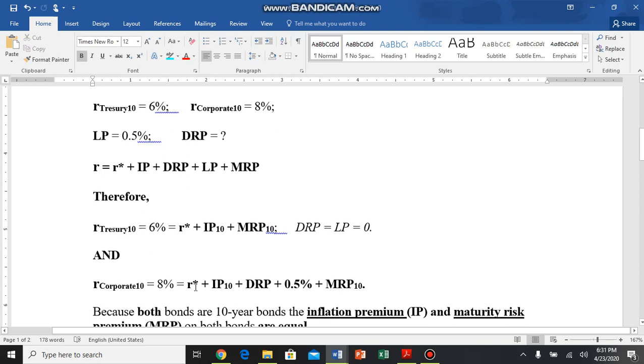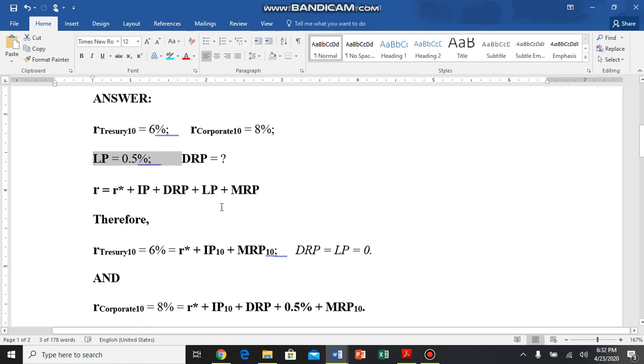And for the corporate bond, the real risk-free rate plus the IP plus the DRP plus the LP, the liquidity premium that is here given to be 0.5%, plus the MRP, the market risk premium for 10 years.